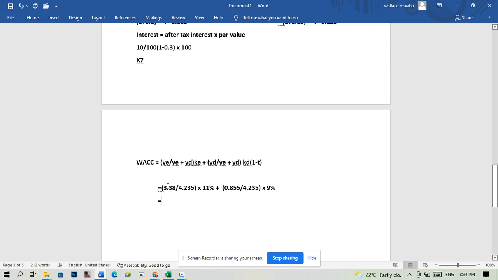So let's do this step by step. 3.38 divided by 4.235. We're supposed to get, I think, 0.79, if I recall.